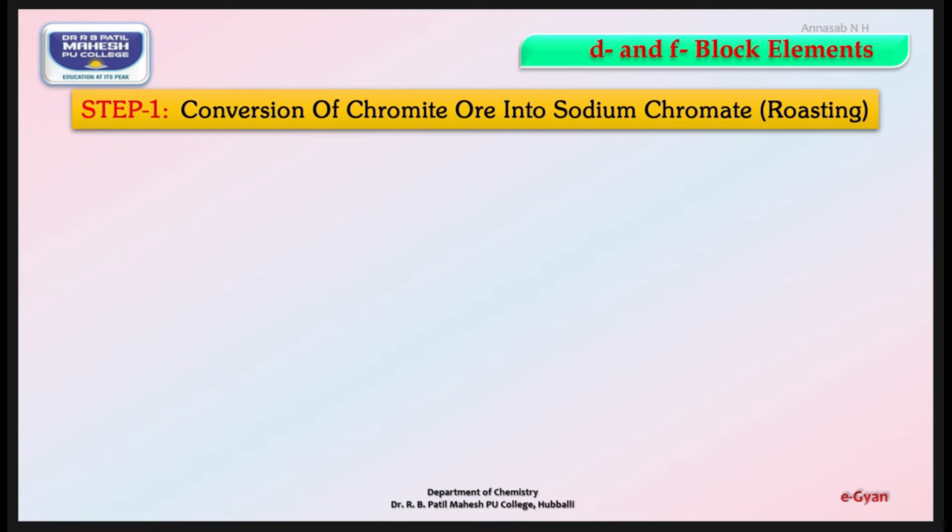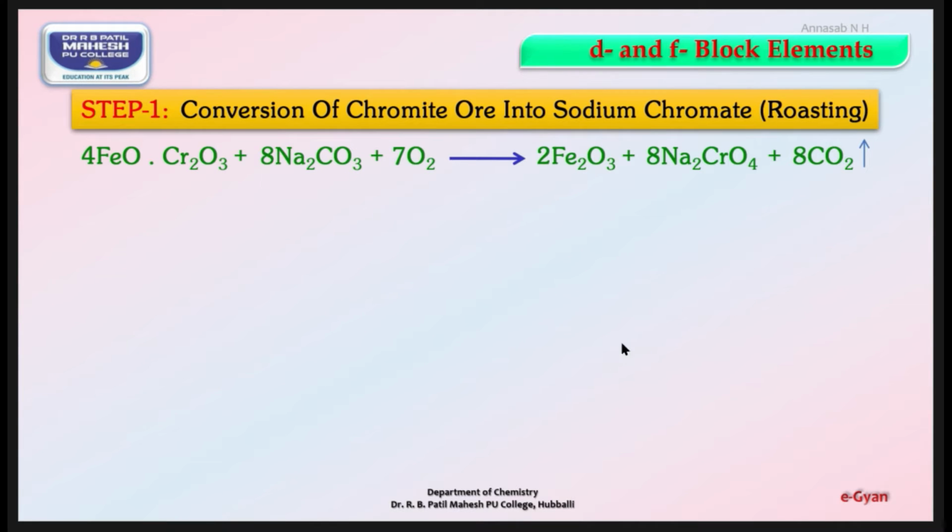Let us write the equation. We have chromite ore FeOCr2O3 which is mixed with sodium carbonate in presence of excess of oxygen in reverberatory furnace. The process is roasting and there is a formation of Fe2O3, Na2CrO4 and 8 carbon dioxide, which is a gas. It is liberated.